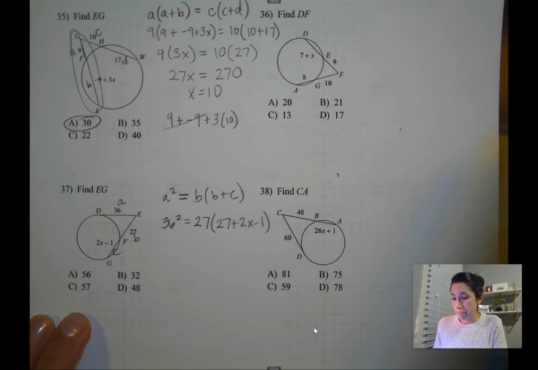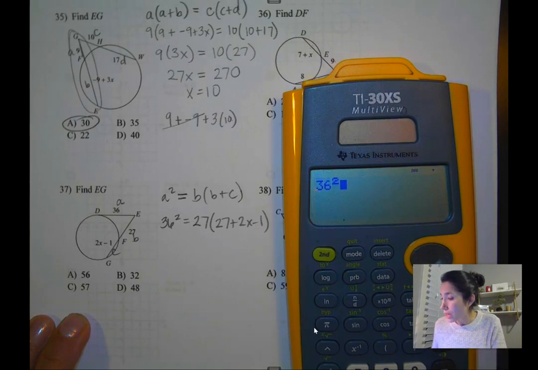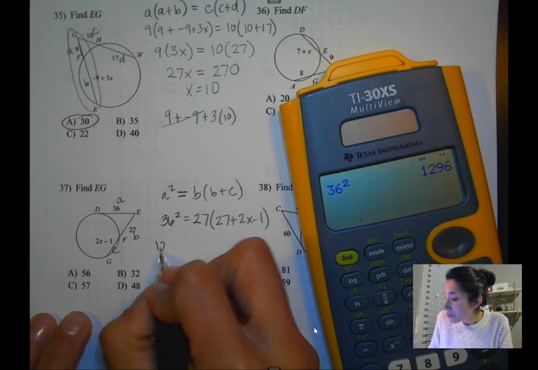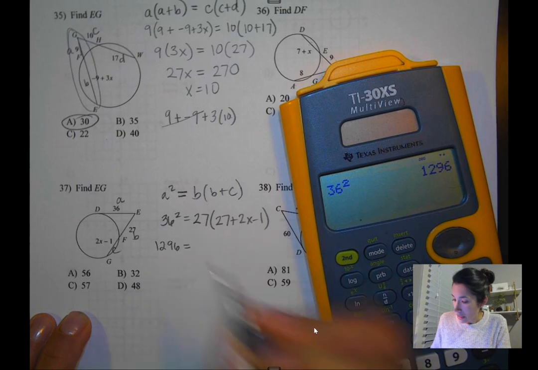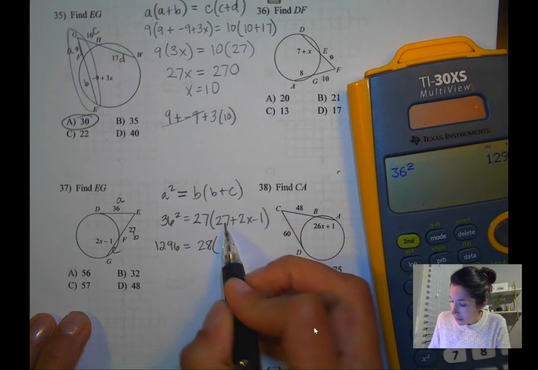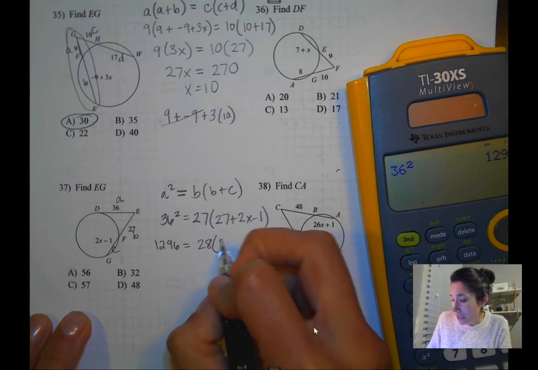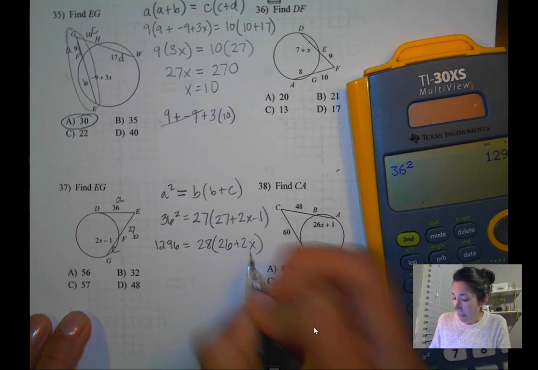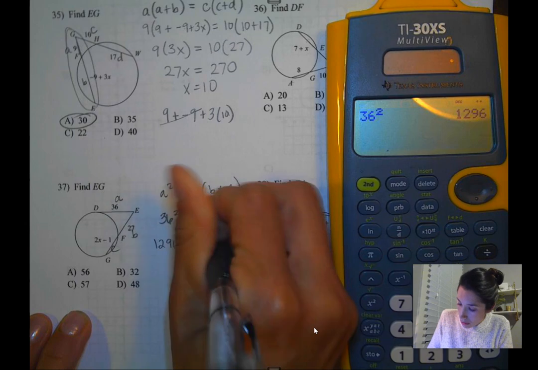So from here, we're just going to start simplifying. 36 squared is 1,296. I'm going to go ahead and simplify this. So 27 and negative 1, that will combine to 26 plus 2x. And then I just need to distribute here.